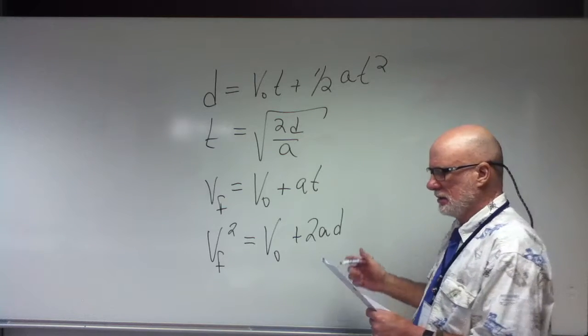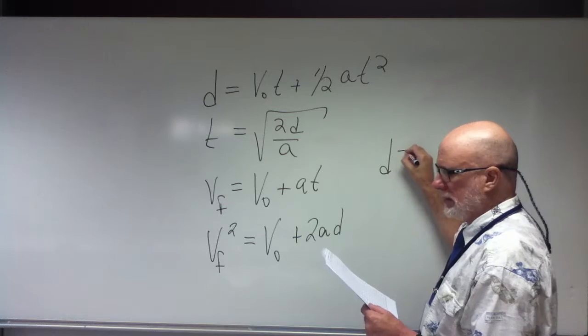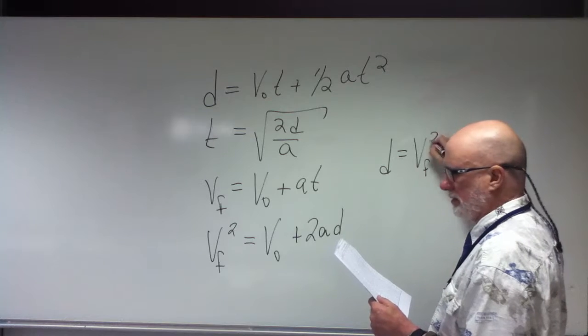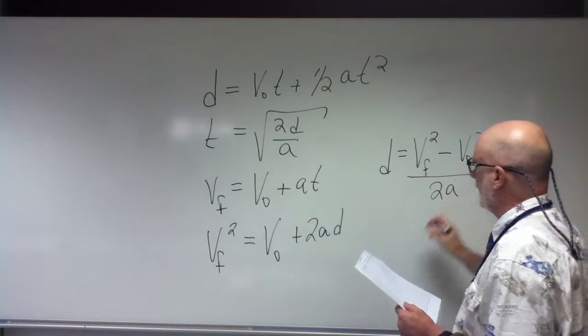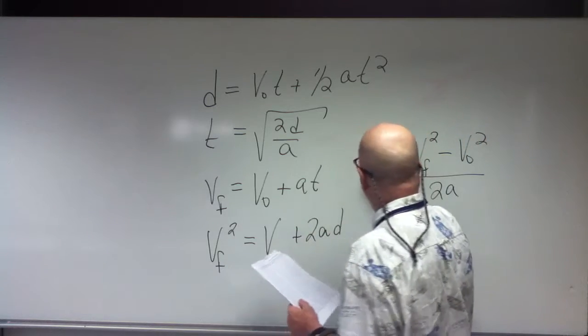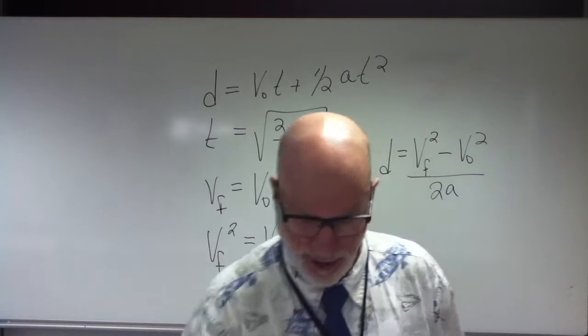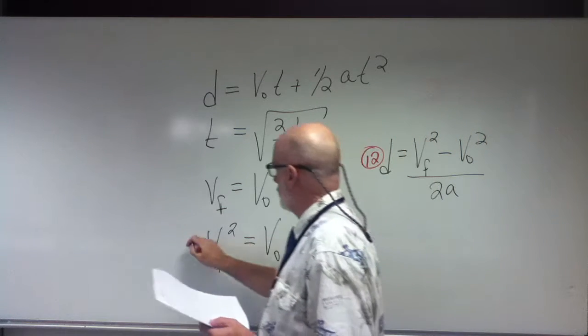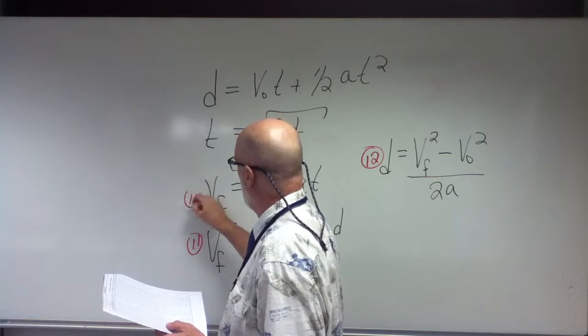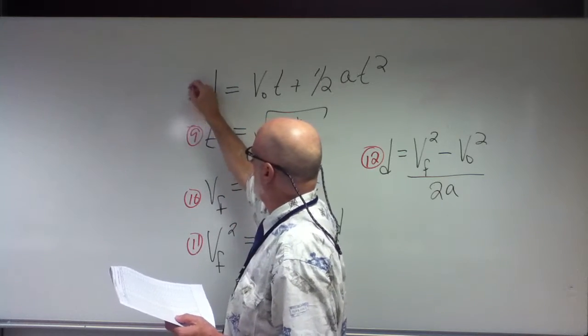And then the last one, D equals VF squared minus V0 squared over 2A. This is worksheet 12, then 11, 10, 9, 8.